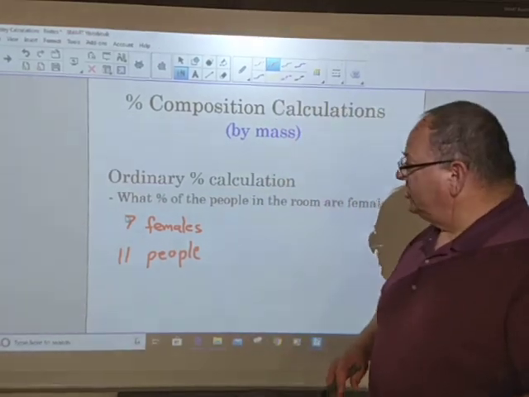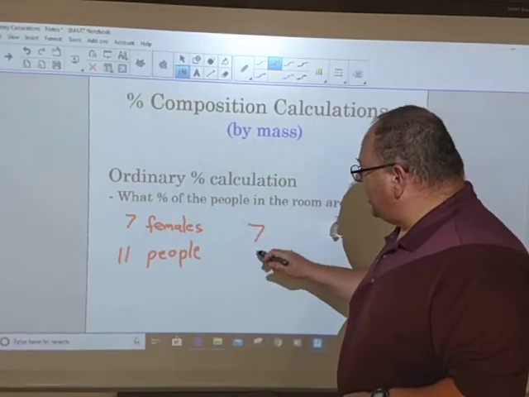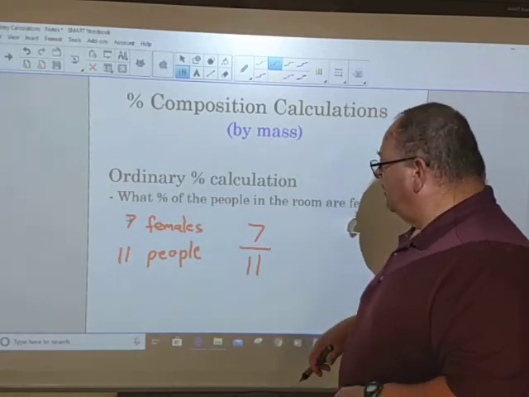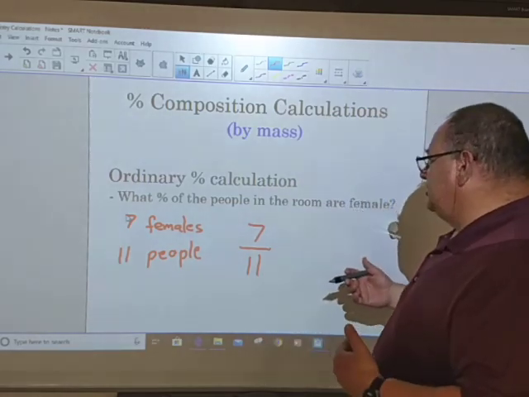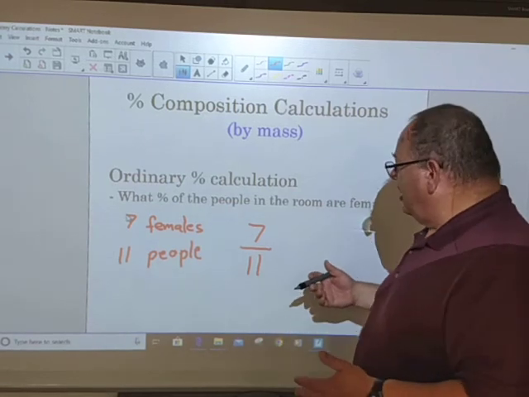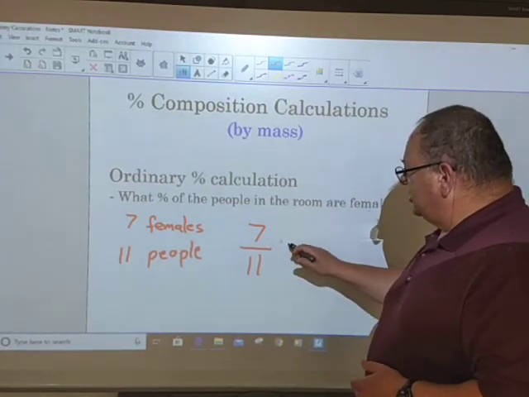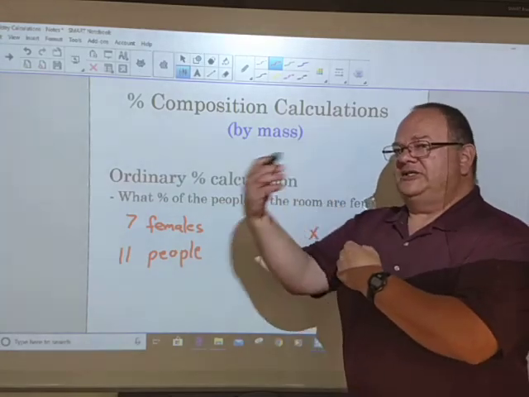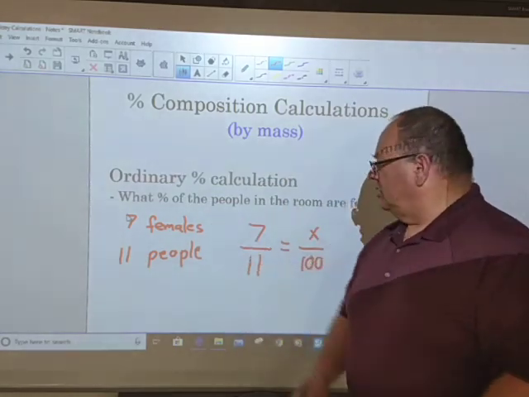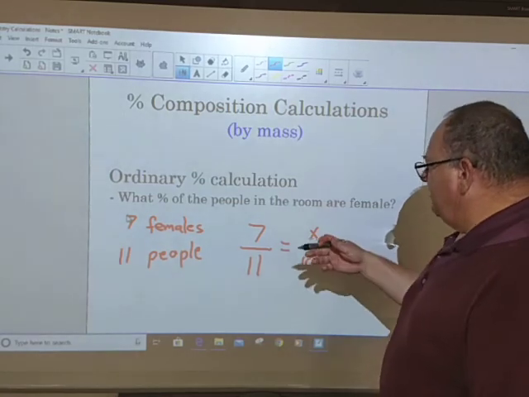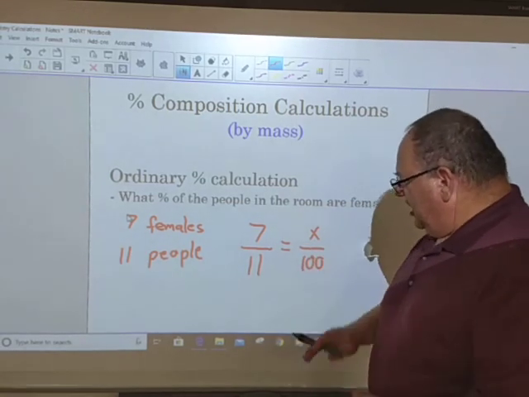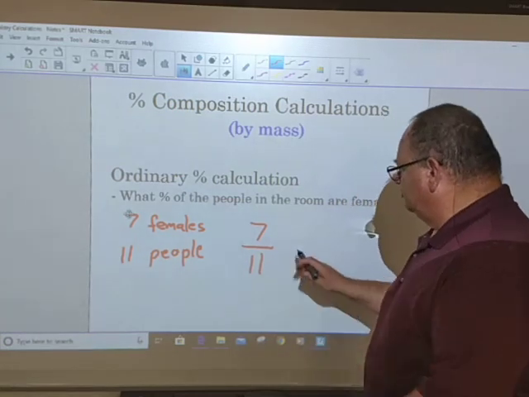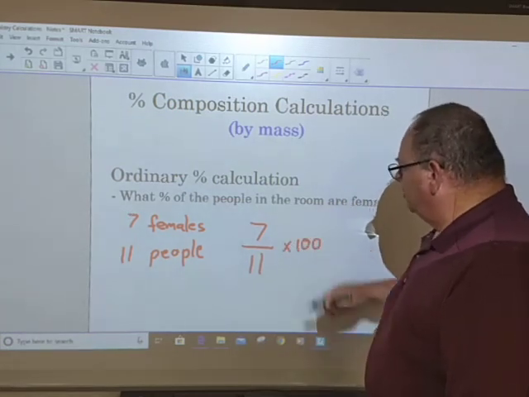All right. So then as a percent, we know that 7 of the 11 are female. And a percent means, what does that equal out of 100? So in other words, it's a proportion. Percent means per 100. And mathematically, that just means you take whatever our ratio was times 100.